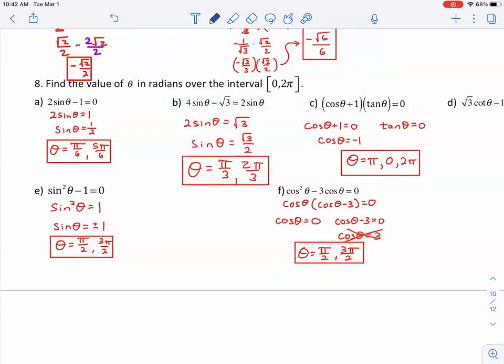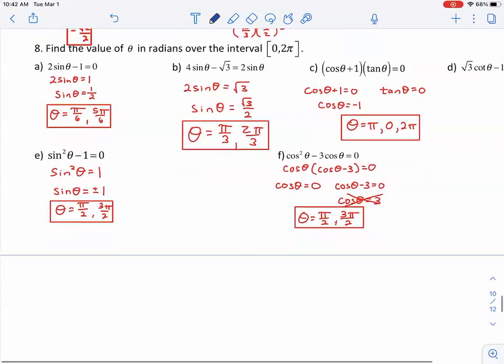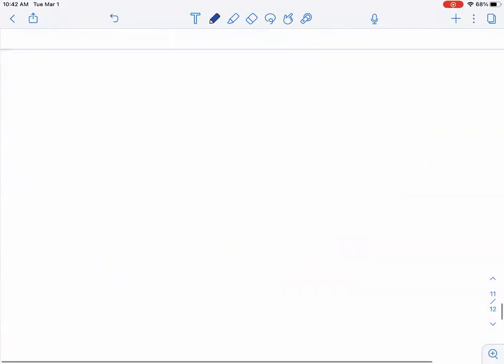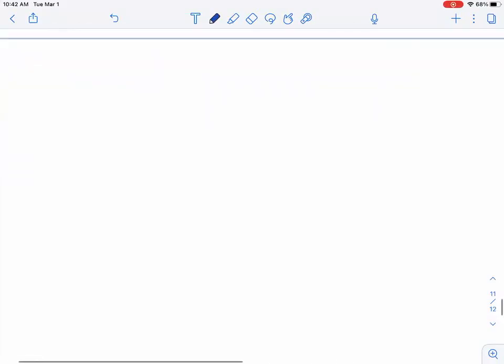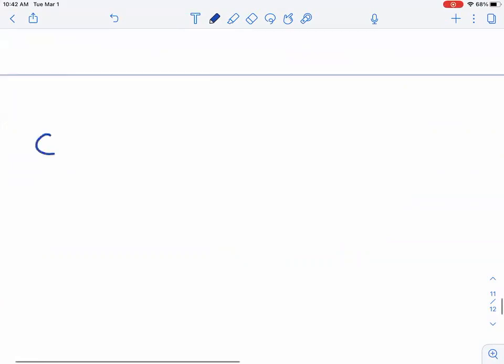I'm going to write a problem down. Don't write it down because I'm going to change it in just a minute. If we did this problem, I think you guys would be perfectly fine with this. If I said, all right, can you solve the cosine of theta is equal to, let's say, -1/2. That question is asking, where is the x value -1/2?